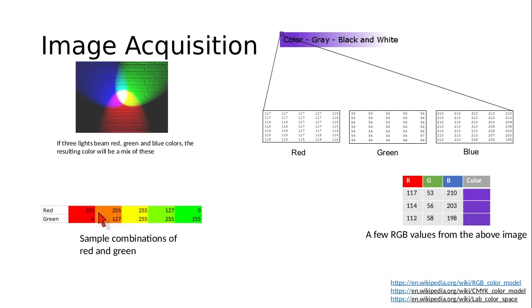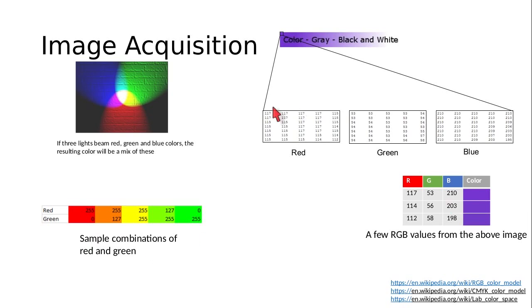It's an orange color. If red and green are equal to each other, 255 and 255, then it comes up as yellow. And then if red is 127, green is 255, it comes up as this light green color. And if green is 255 and red is 0, you get this color. Right? So these are sample combinations of red and green, and similarly you can have combinations of red, green and blue. You can have combinations of red and blue, green and blue, and so on.